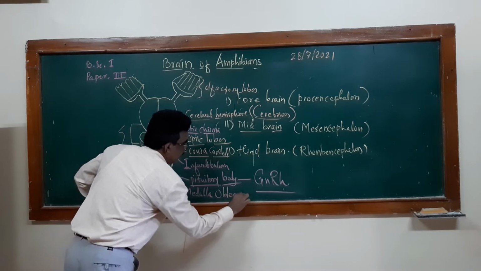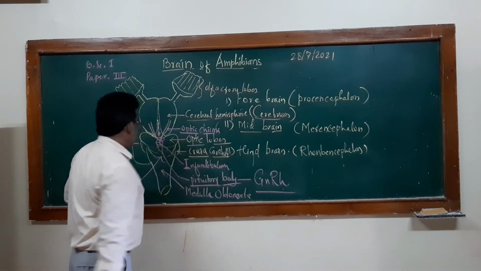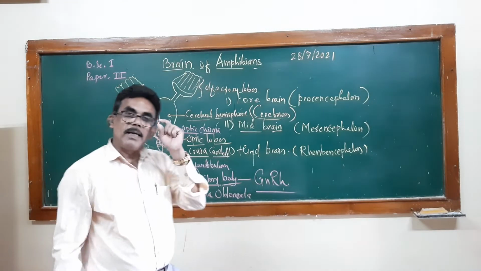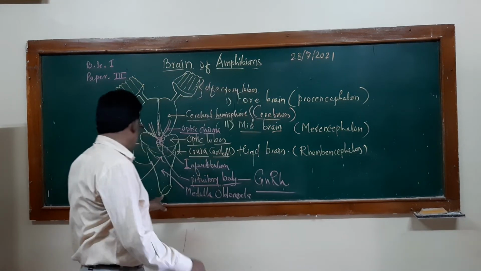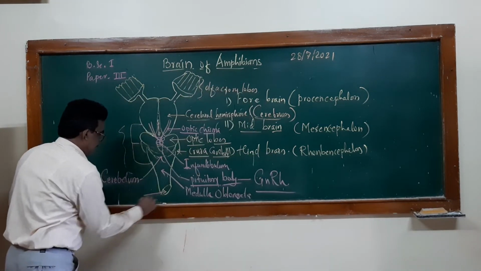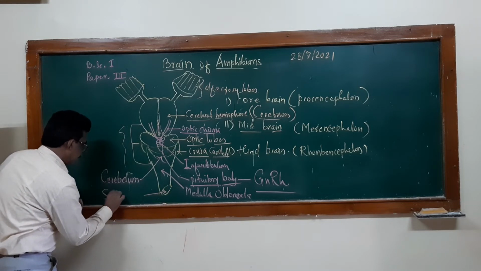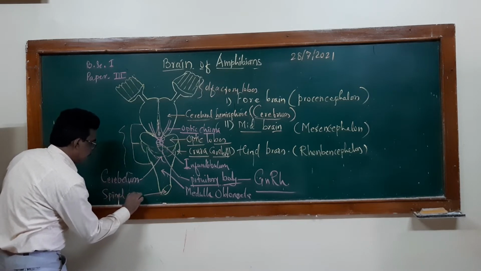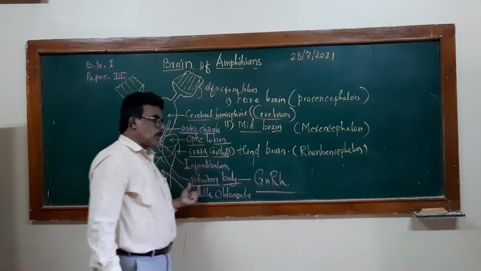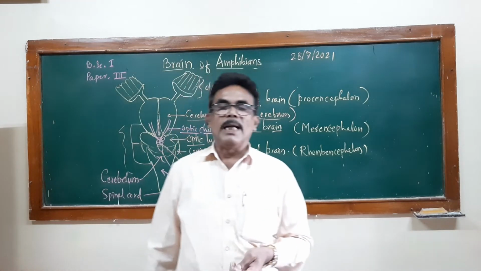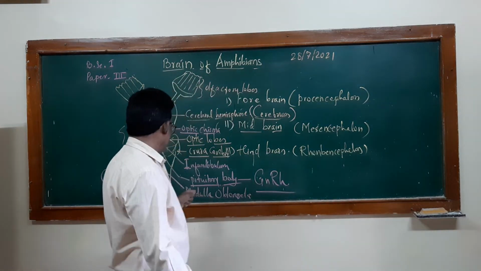So these are the two parts. And the last one is the spinal cord. So these are the three parts of the hindbrain or rhombencephalon.